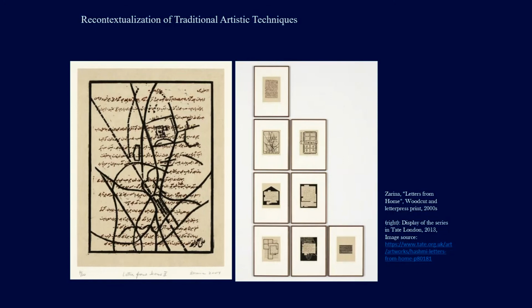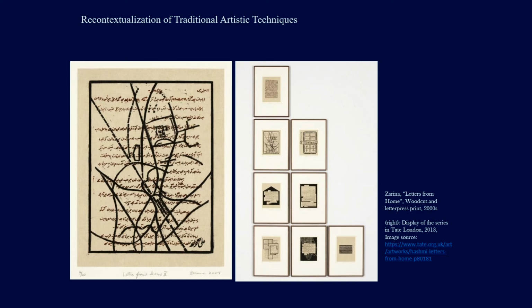So the language of print was incorporated as part of making this kind of personal archive. This is what we find in Zarina Hashmi's work, how this medium of woodcut, letterpress, and sometimes intaglio, which she learned in Thailand as well as in France, was recontextualized.